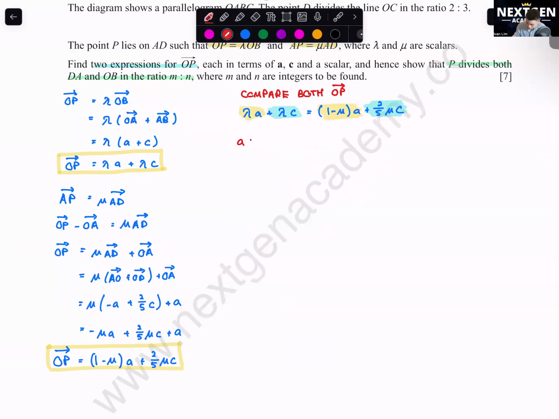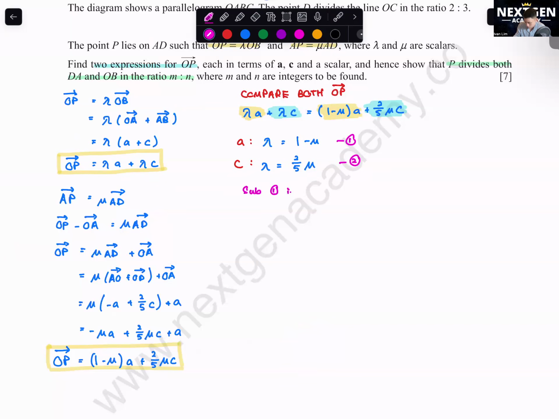You can write it like that. A is lambda equals to 1 minus mu. C is lambda equals to 2/5 mu. So I got equation 1, equation 2. We do a simultaneous equation.